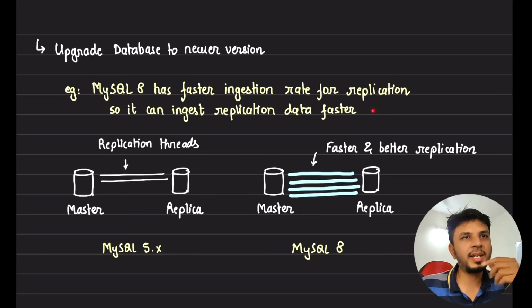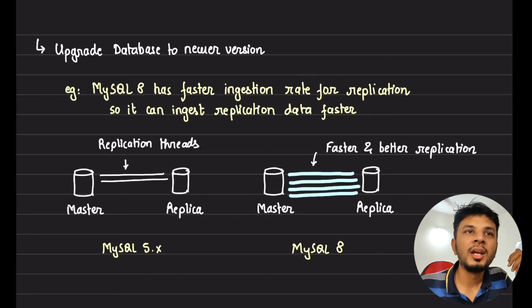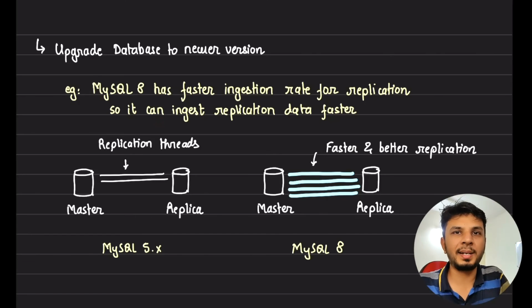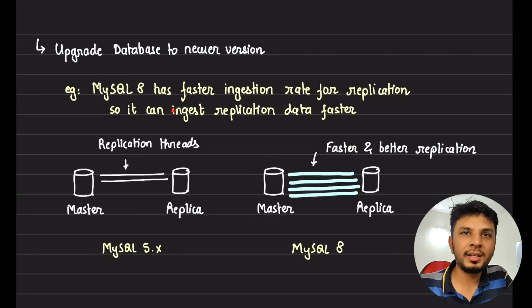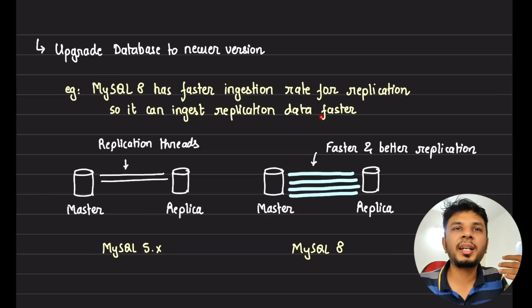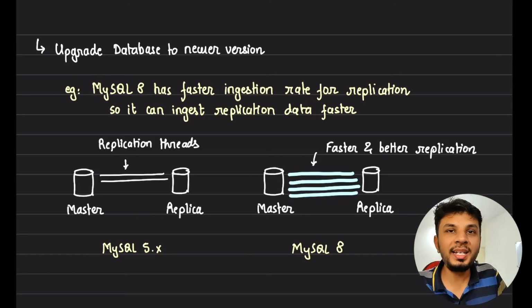An example of that is MySQL. Let's say you are having issues with replication, and your replication lag is very high. Let's say you are using MySQL 5.6. If your issue is replication lag, you need faster replication. MySQL 8 gives you a faster ingestion rate for replication so that you can ingest your data faster.